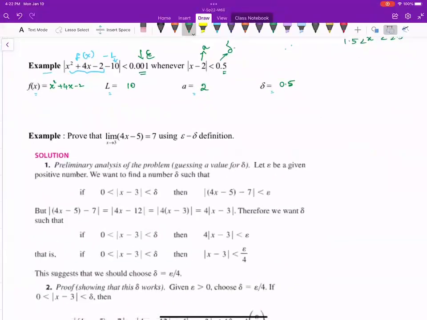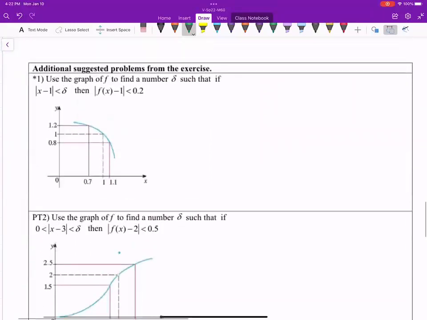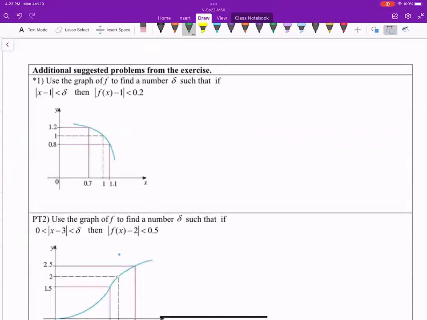So this example is actually proved for you. And then we will take something similar and do that problem in the exercise. Use the graph of f to find the delta such that if absolute x minus 1 is less than delta, then absolute f of x minus 1 is less than 0.2.